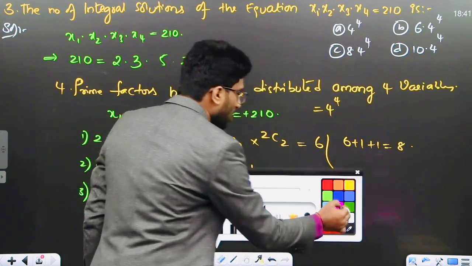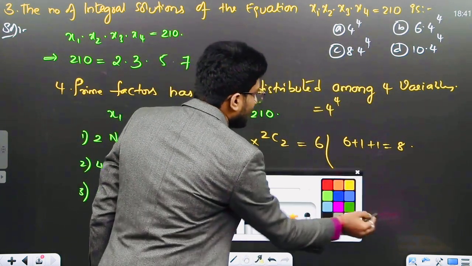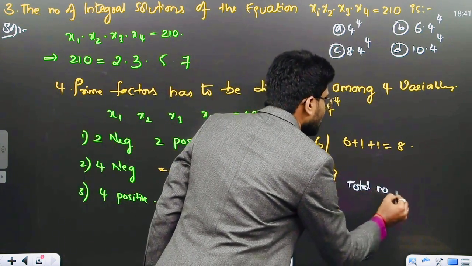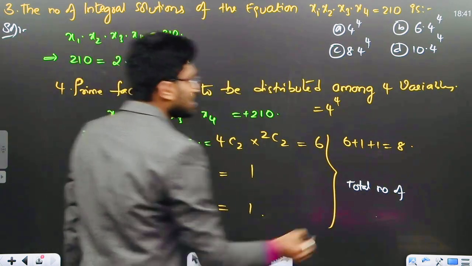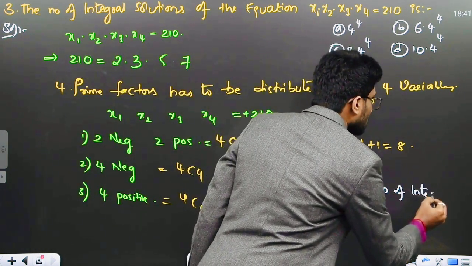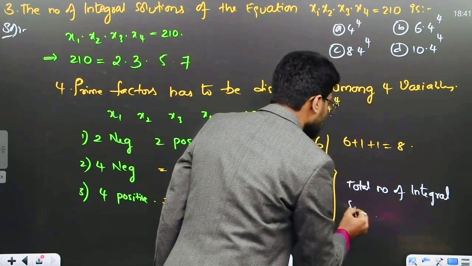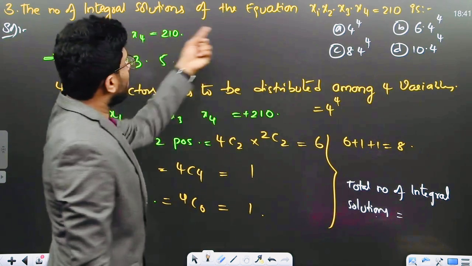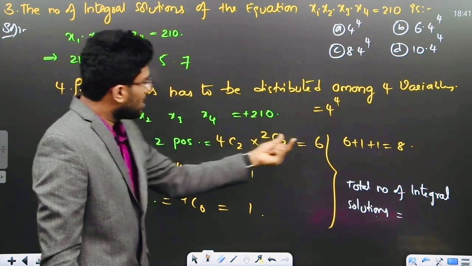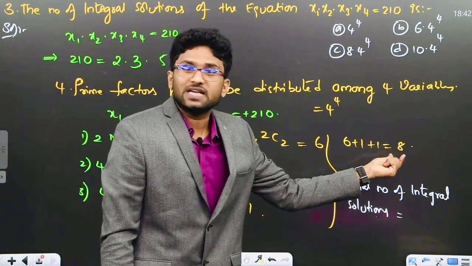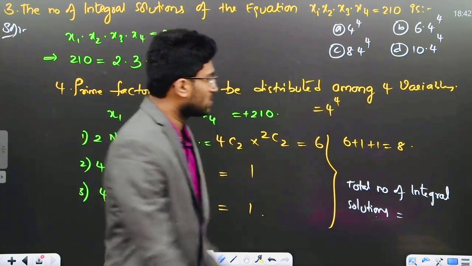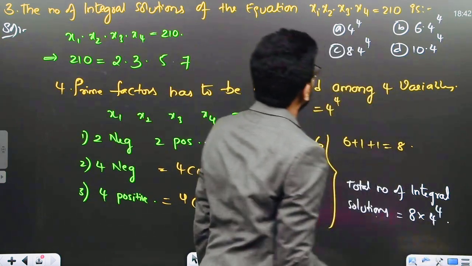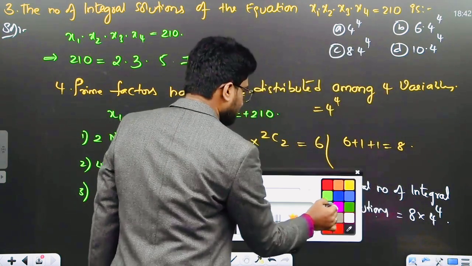Therefore, the total number of integral solutions, by the multiplication theorem, is 8 into 4 power 4. Answer option C.